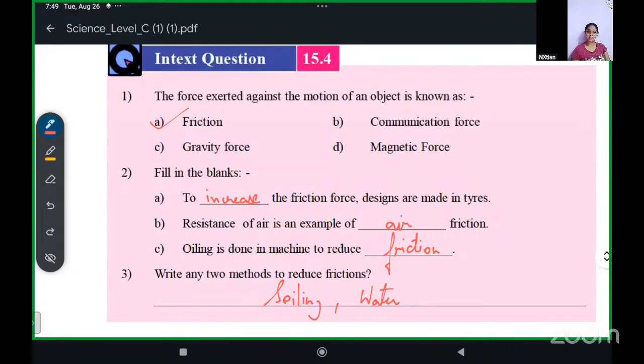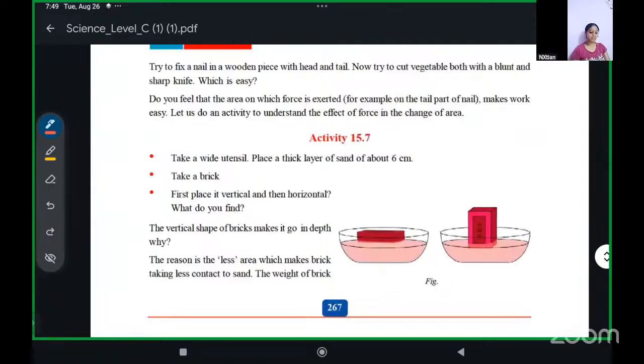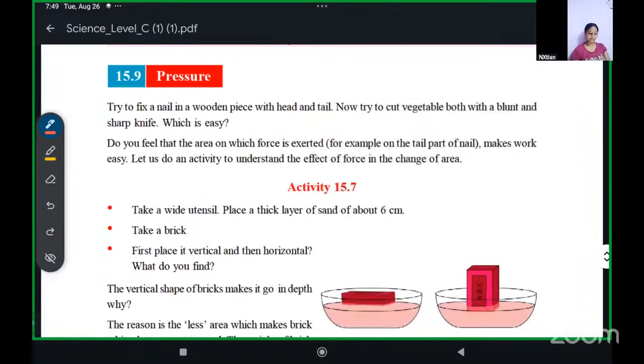Oil is used mainly in machinery to reduce friction, and powder is also used in games such as carom board. So all of those things are used to reduce friction.